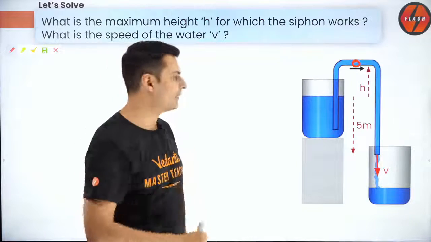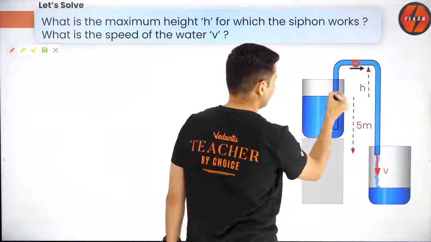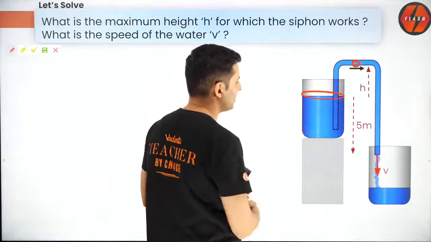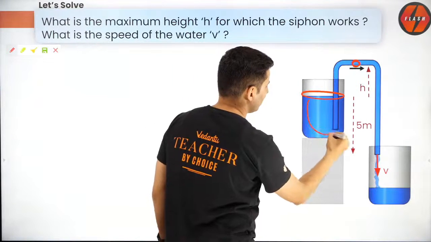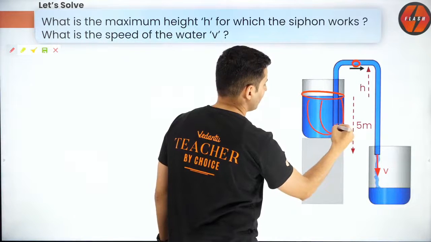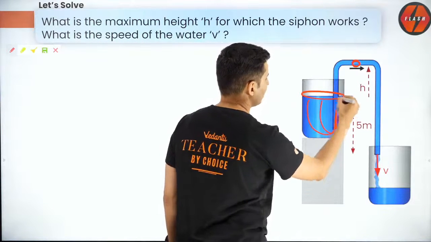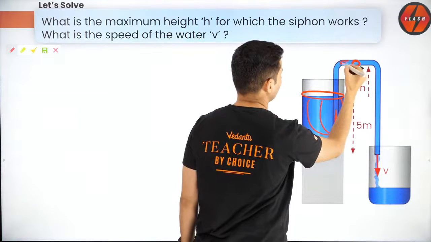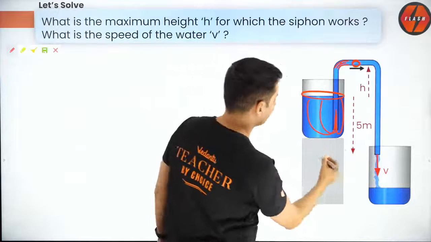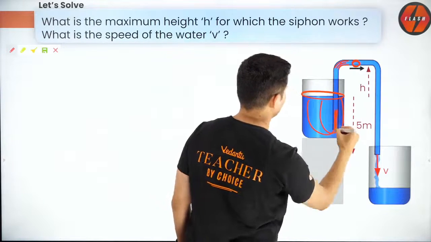Don't worry, I'll explain. So first, take this cross section and this cross section and just visualize the streamlines of the fluid entering this pipe like this. I'm not drawing all the streamlines, but I hope you are able to visualize this.